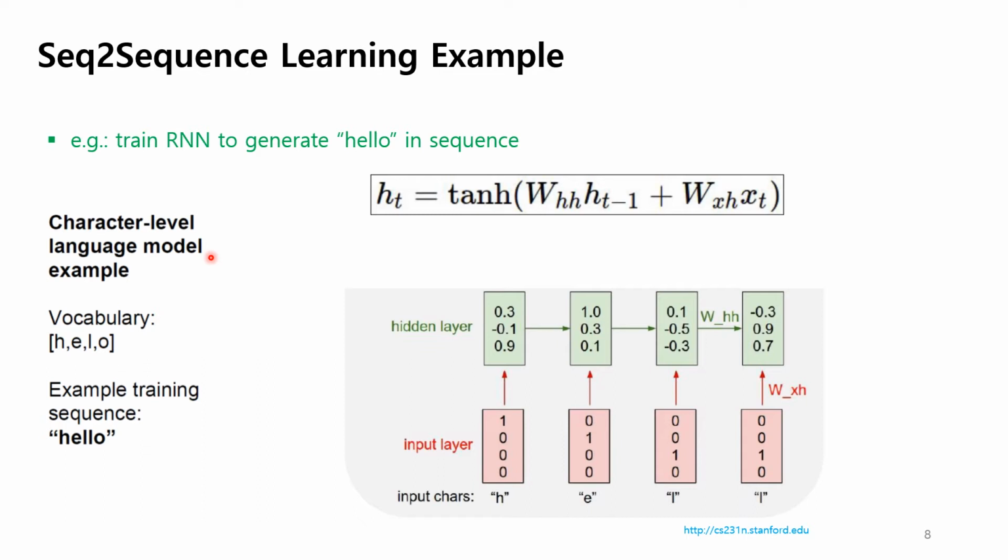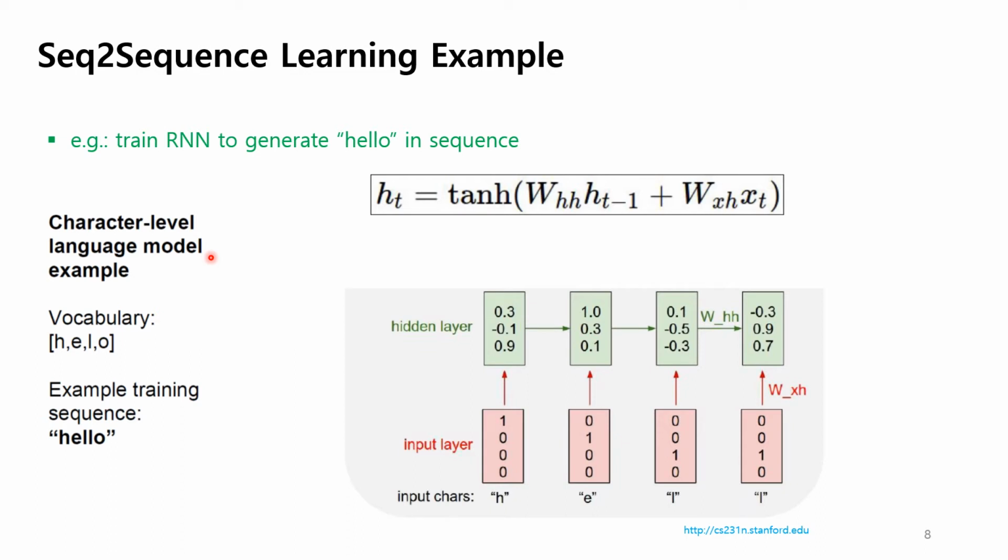Usually a language model works at the word level, meaning we predict the next word, not a character. But in this case, to make things simple, we use the character level. That means we predict characters instead of words, because there are so many words, while for characters we have only 26.